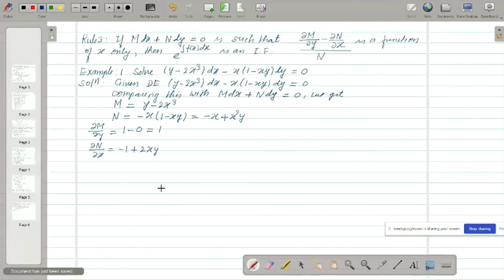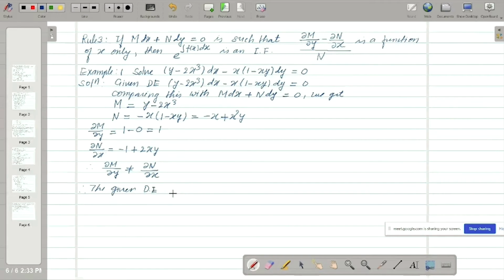Now from 1 and 2, this is 1, this is 2, we can observe that dou M by dou y is not equal to dou N by dou x. Okay, therefore the given differential equation is not exact.